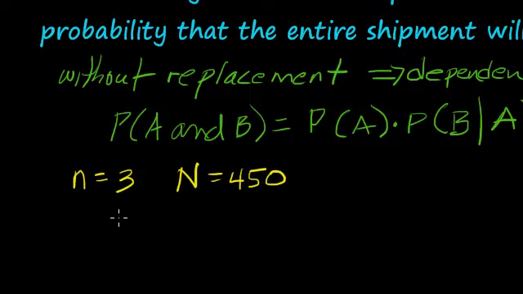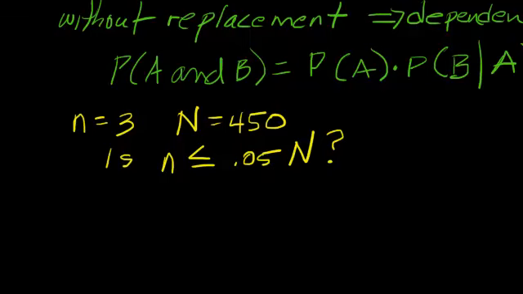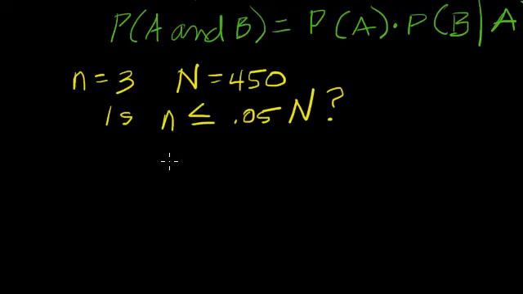So the rule said that you have to answer the question, is n less than or equal to 0.05, or 5% of the population size? Is your sample size less than or equal to 5% of your population size? Okay, let's see if we meet that condition.